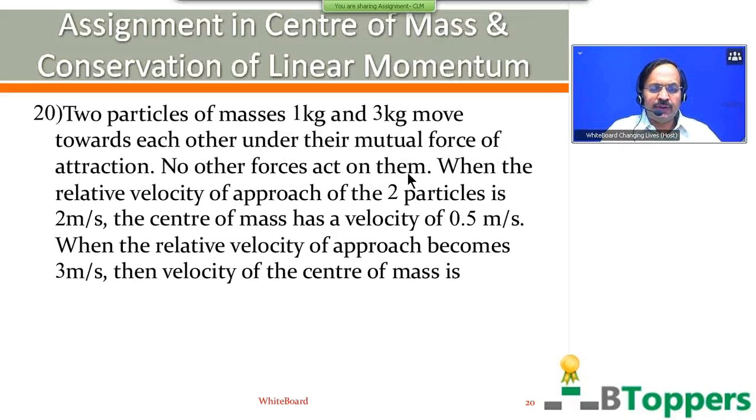No other forces act on them. When the relative velocity of approach of the two particles is 2 meters per second, the center of mass has a velocity of 0.5 meters per second. When the relative velocity of approach becomes 3 meters per second, then the velocity of center of mass is? Come on, try the question.